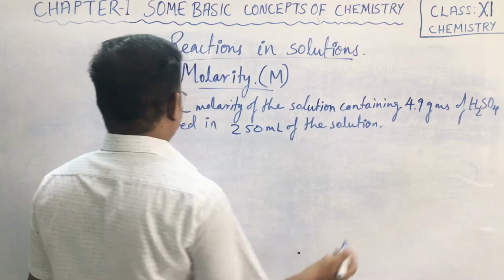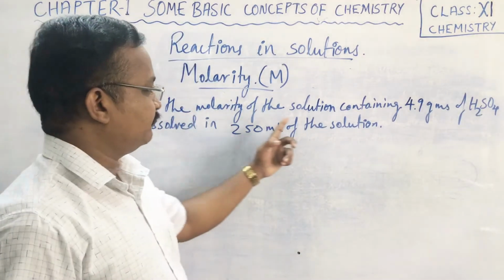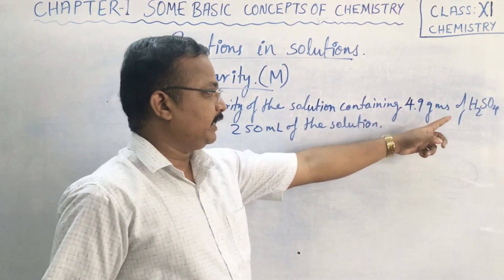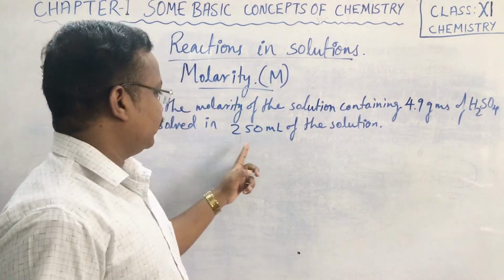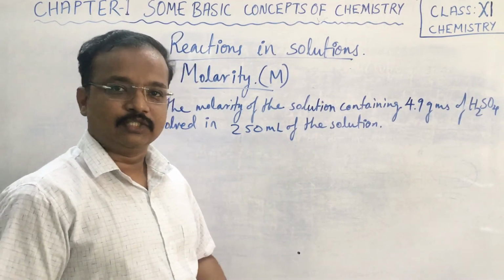So children, what is the question? Find the molarity of the solution containing 4.9 grams of H2SO4 dissolved in 250 ml of the solution.